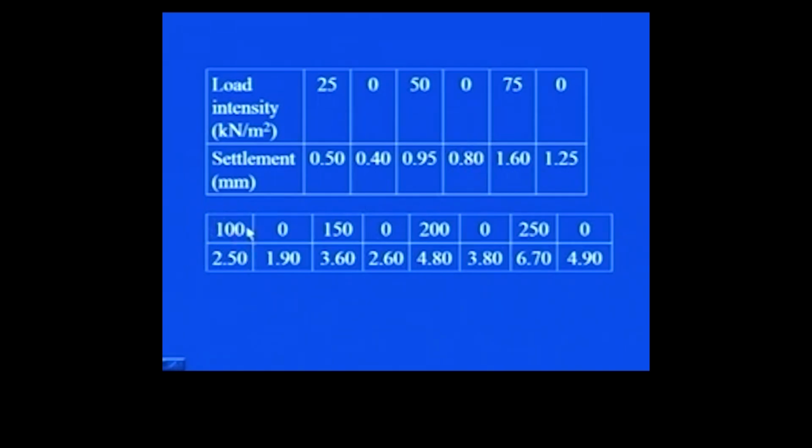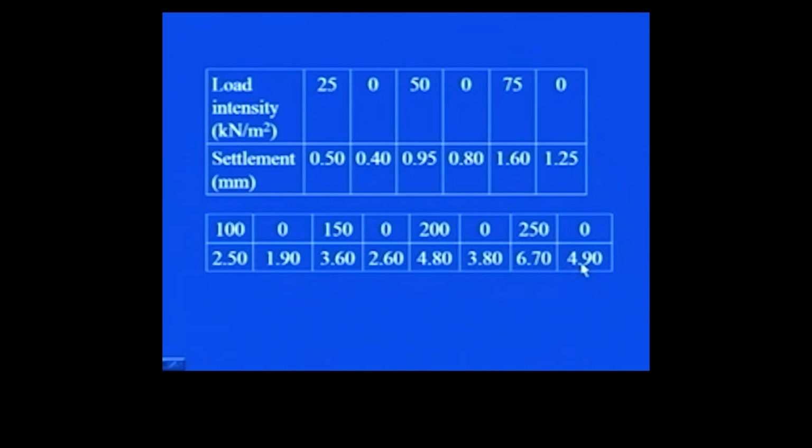Likewise, for 100 kilonewton per meter square load intensity, settlement observed was 2.5 millimeter, and when it was unloaded from 100 to 0, the corresponding settlement obtained was 1.9. Likewise, it has been given for 150 kilonewton per meter square, 200 and 250, and the corresponding settlements are given.